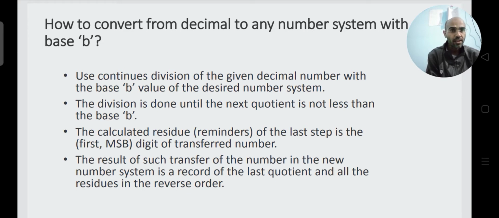Least significant bit means the bit with minimum weight or the lowest weight.